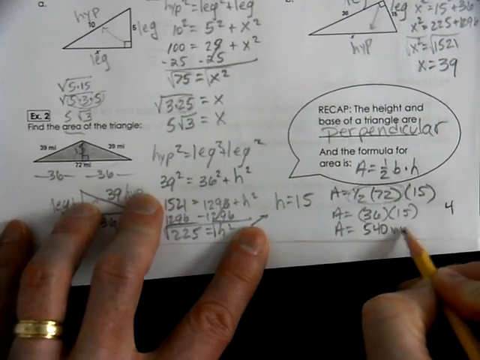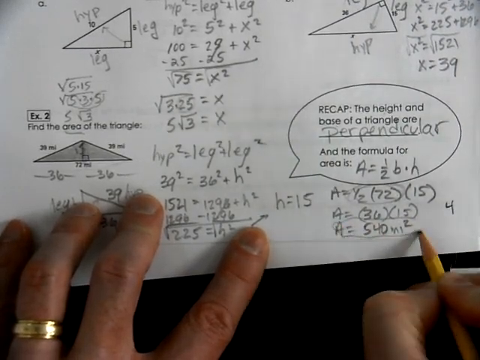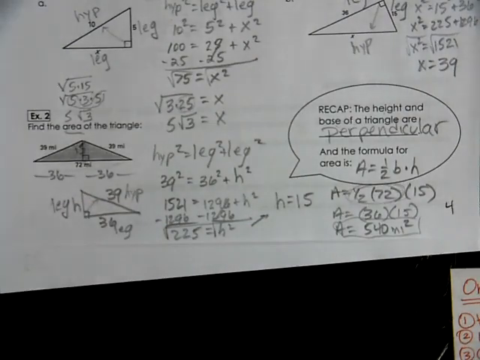And those are miles squared, or square miles. 540.